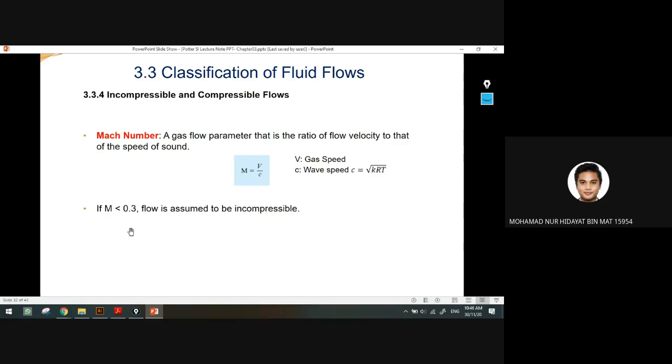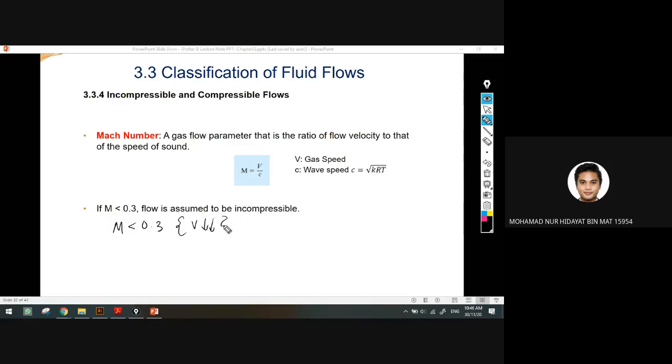So when the Mach number is less than 0.3, the velocity is very, very small, for example in water.